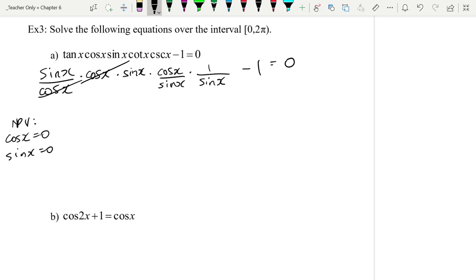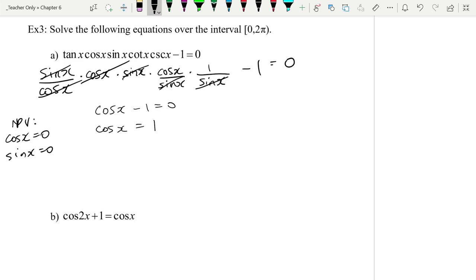Cosine divided by cosine of any angle other than 0 is 1. Sine of x divided by sine of x is 1. It looks like this thing just simplifies all the way down to the cosine of x minus 1 equals 0. So the cosine of x is equal to 1.